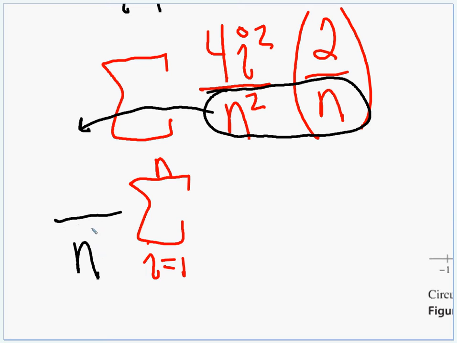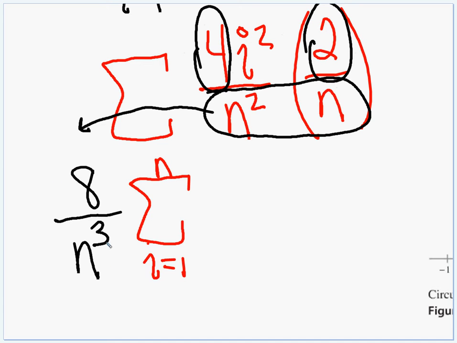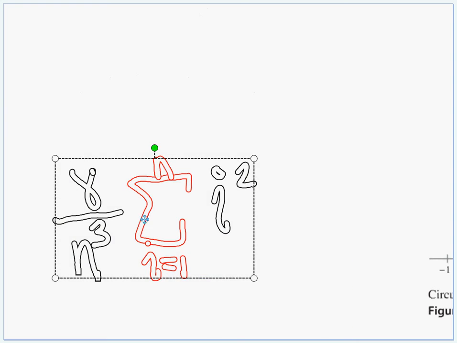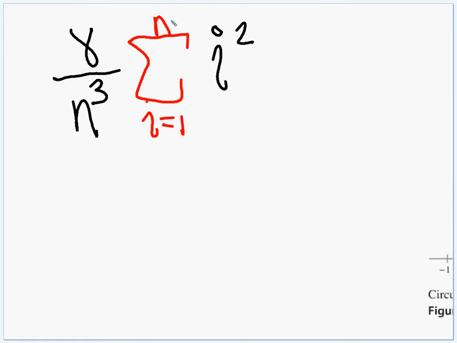Oop. There we go. Numerator, just like the other method, 8 times 2, 4 times 2 is 8. Getting a little ahead of myself. So what does that now leave us after the summation? Just an i squared. Ooh, much, much easier to deal with. And I chopped off the top of my 8.